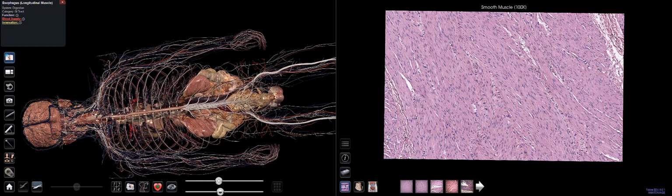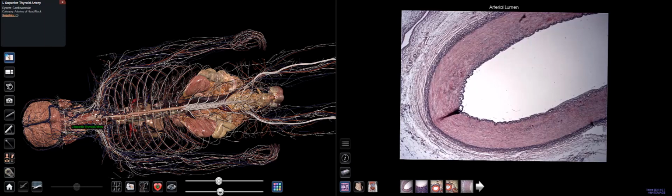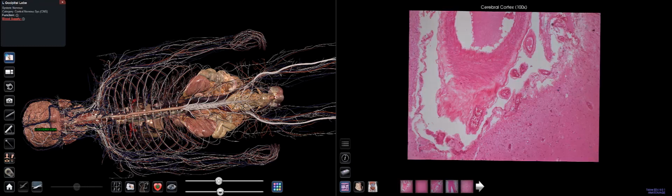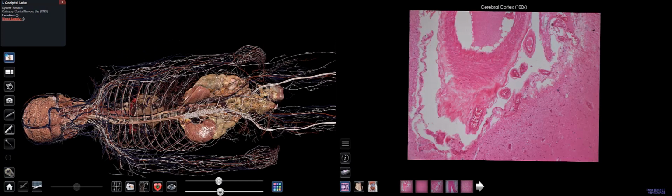See what they show us when we click on the sciatic nerve. Just showing us a nerve track. Inferior alveolar nerve. There's another nerve. Superior thyroid artery. There's an artery. Okay, you can see the epithelial and then smooth muscle and then connective tissue. Occipital lobe. I guess we're not going to see neurons very well. I don't know if it'll do that or not.